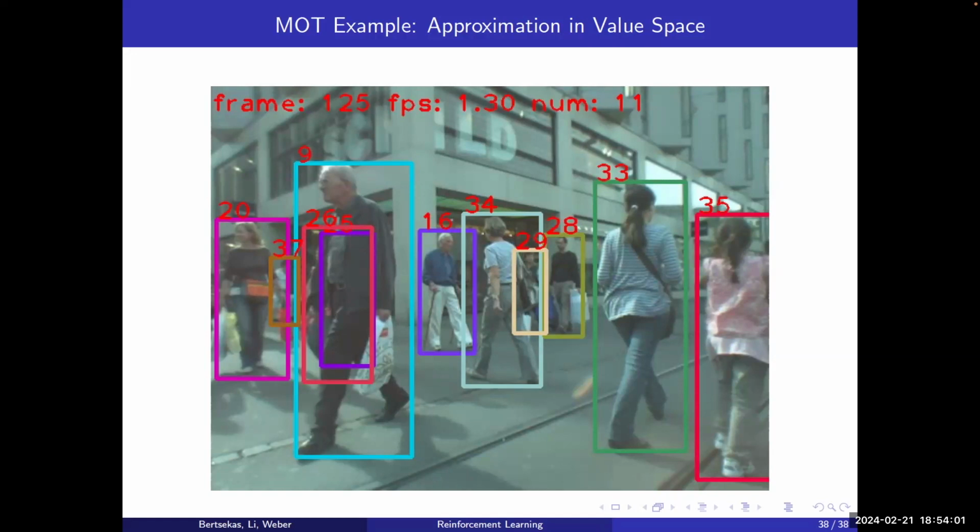What is typically known in the literature is that the batch information is passed through a certain neural network to deal with it all together, instead of, in our case, using the dynamic programming formulation and approximation in value space, where we still treat it frame by frame, despite that we have the entire batch information.